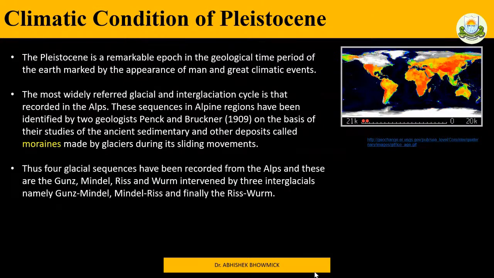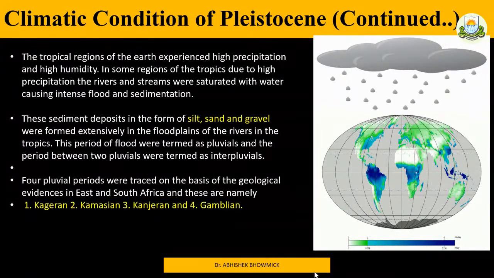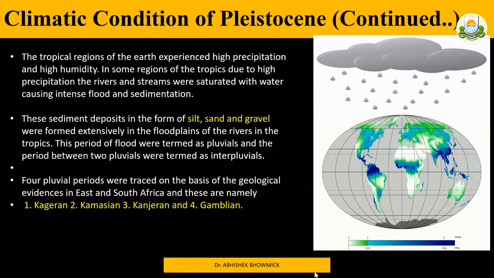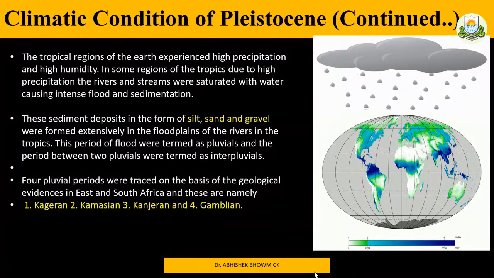Now, if this is the alpine region, what is it in the equatorial region? In the climatic condition of the Pleistocene, the tropical region of the Earth experienced high precipitation and high humidity in some regions of the tropics. Due to high precipitation, rivers and streams were saturated with water, causing intense floods and sedimentation.